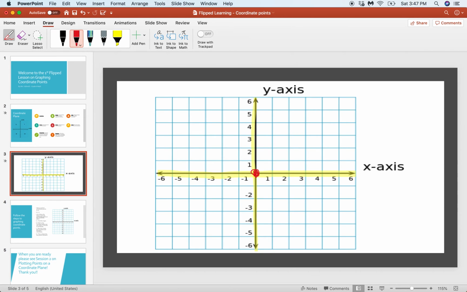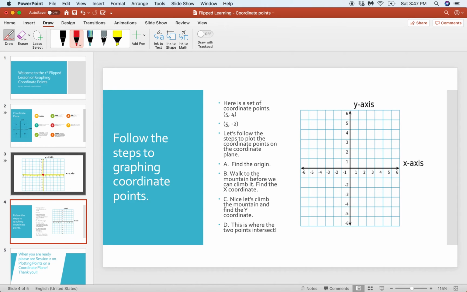It is where the x and y axes intersect, or cross one another. This is 0 on both the x and the y axis. On this particular coordinate plane, we have our integers, again, -6 to +6 on both the x and y axis. All right, so let's get started and plot some points.